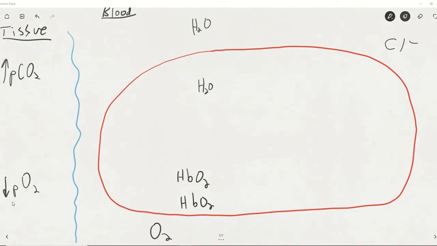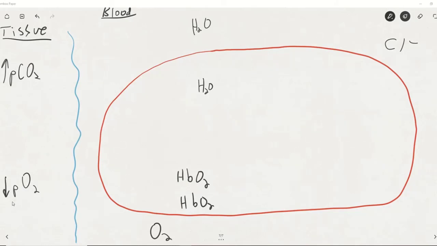And we said that oxygen moves from the blood into the tissues. And now we've also talked about all the different ways that CO2 is carried in the blood and how oxygen is carried in the blood. We're going to tie all of that information together and look step by step how everything related to that happens at internal respiration.